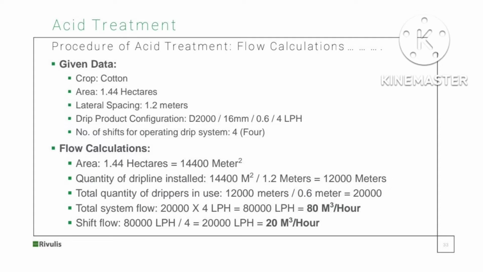Total system flow: 20,000 into 4 lph is equal to 80,000 lph, which is equal to 80 meter cube per hour. Shift flow: 80,000 lph divided by 4 is equal to 20,000 lph, which is 20 meter cube per hour. This is our shift flow, and according to that we have to decide our acid quantity.